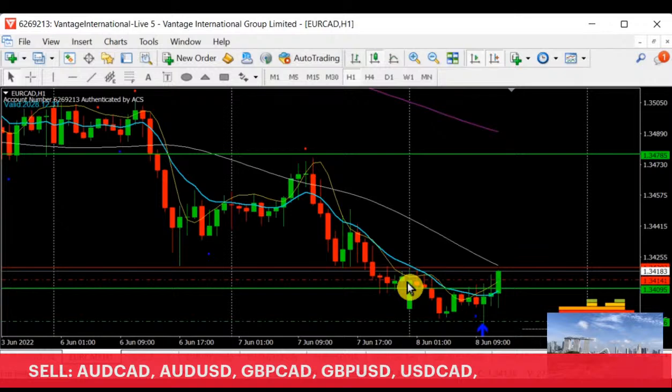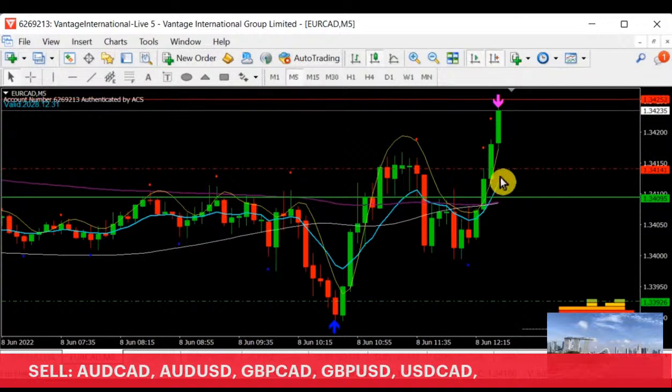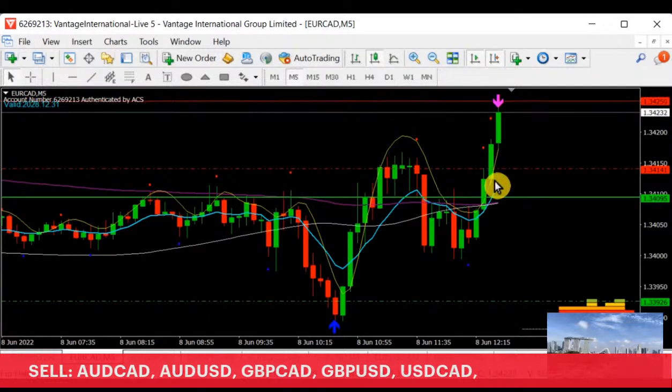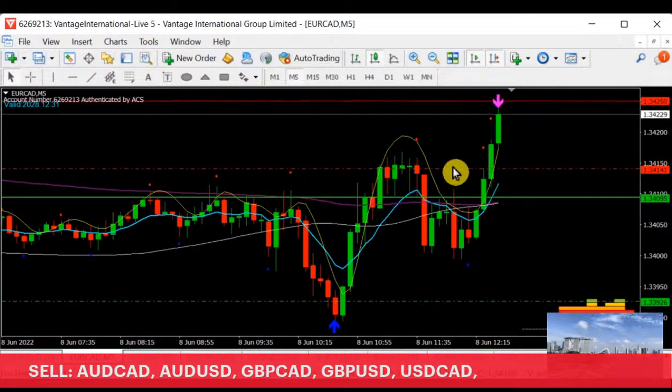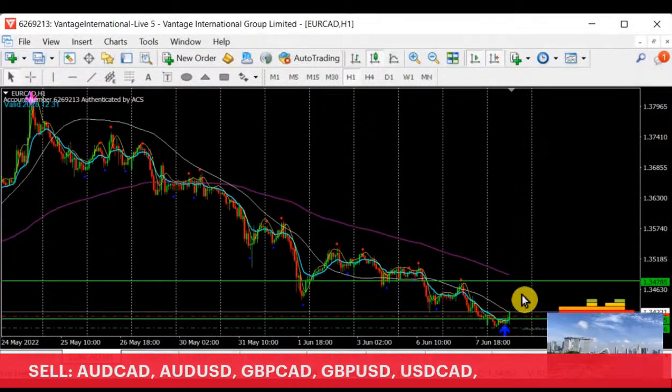Over at this point, for now, I will not enter a buy trade for EuroCAD. Tentatively, let me zoom this way. In H1, this whole area is actually good for buying.